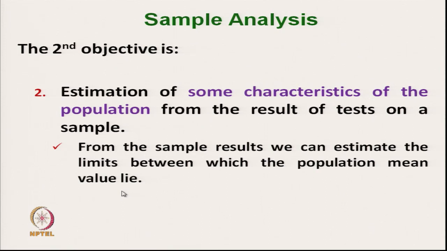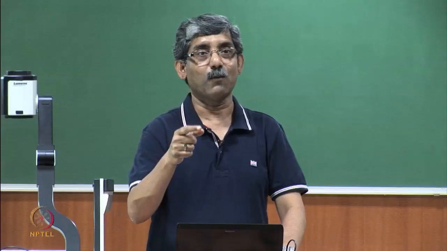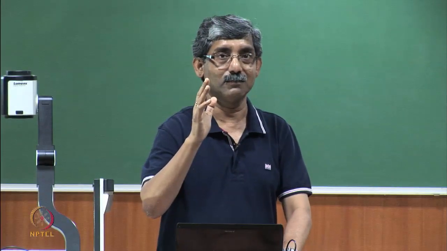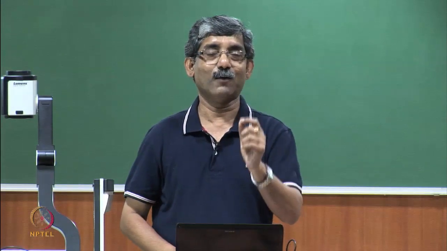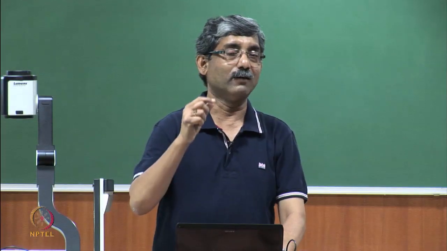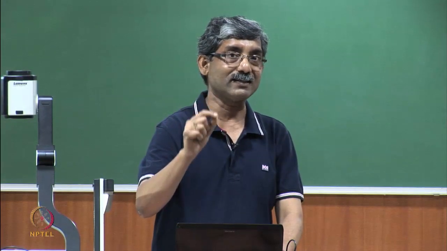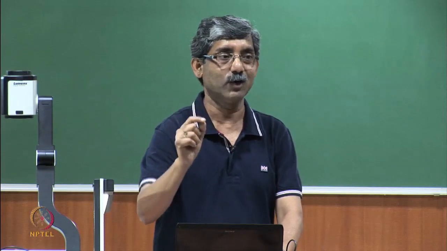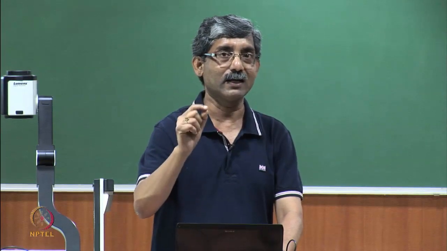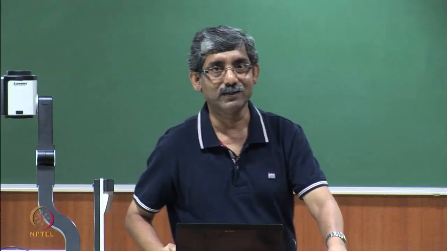Suppose a population of 1000 bobbins has a strength of, say, 10. If we test the 1000 bobbins individually, we get a strength of 10, whatever the unit.